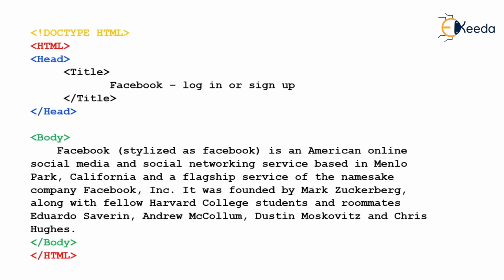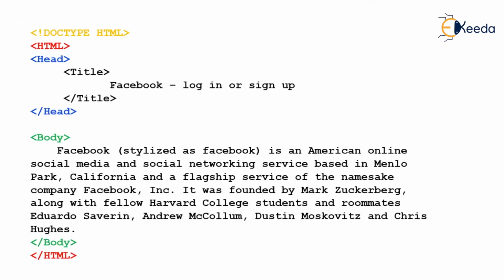So as you can see, we are using the same code which we have written in the previous video. And in this code, there is a doctype HTML, an HTML tag, which is closed at the last, and then we have head and body. If you notice well enough, you can see title tag also, where it is written Facebook login or sign up.